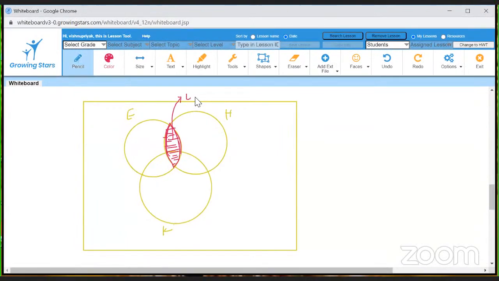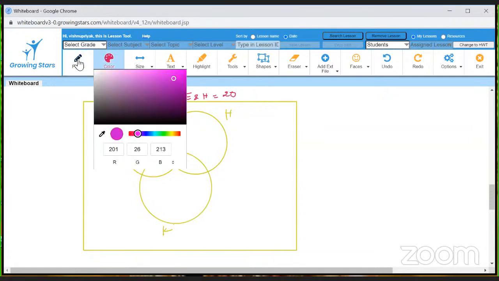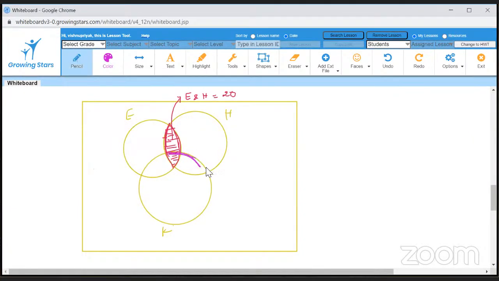This region, English and Hindi. Total 20. Then this region.